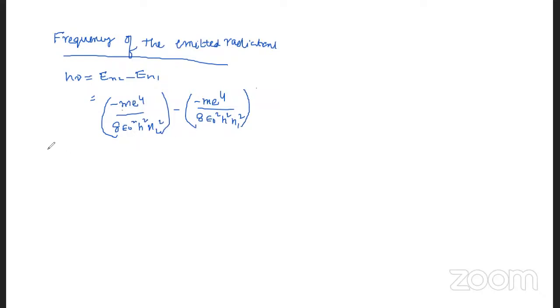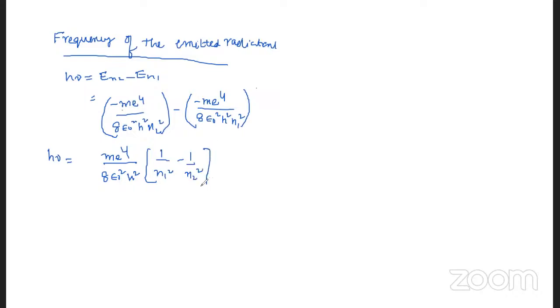Therefore, we can write this h nu, which will be equal to, if I take m e power 4 by 8 epsilon naught square h square outside, the remaining here will be 1 by n1 square minus 1 by n2 square.